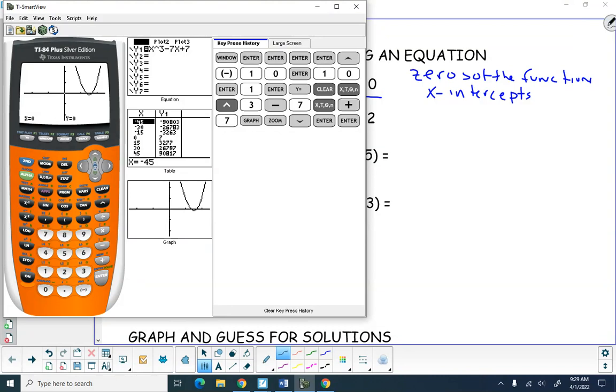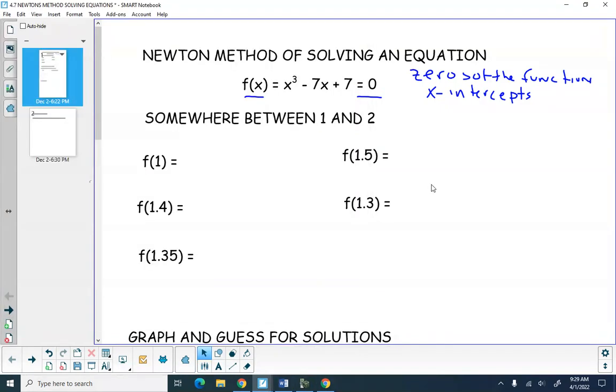So we have 2 different points here between 2 that would work, and then another point that's outside of 2. We're somewhere between 1 and 2. We can guesstimate by plugging values in and seeing, do I get a value of 0?